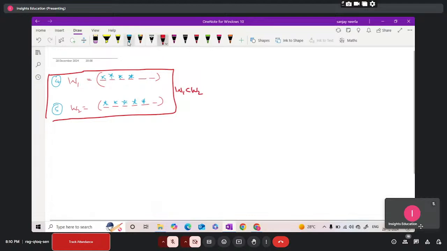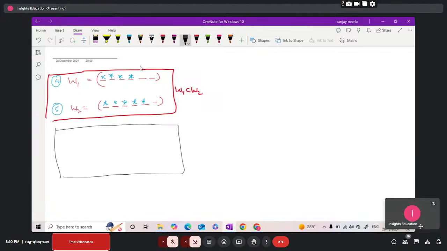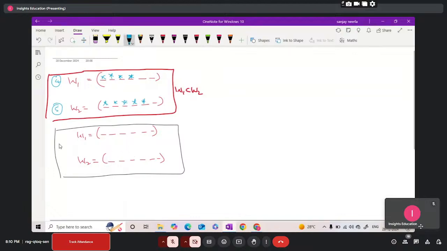ఓకే, నెక్స్ట్ ఇలాంటి సిచ్యువేషన్ కూడా వస్తుంది. నౌ సేమ్ ఐఎమ్ టేకింగ్ W1 1 2 3 4 5 6 and W2 1 2 3 4 5 6, 4-dimensional space and 5-dimensional space.